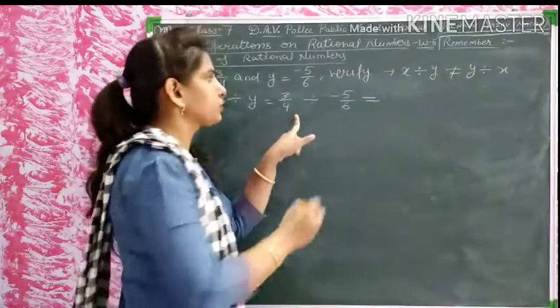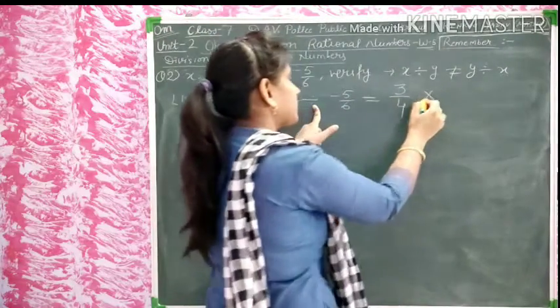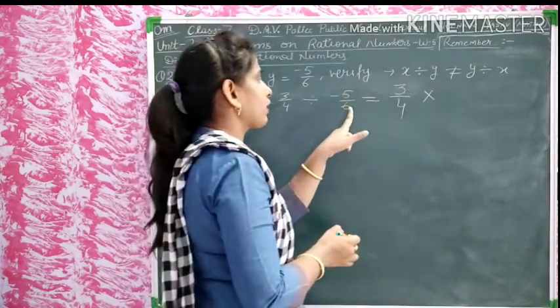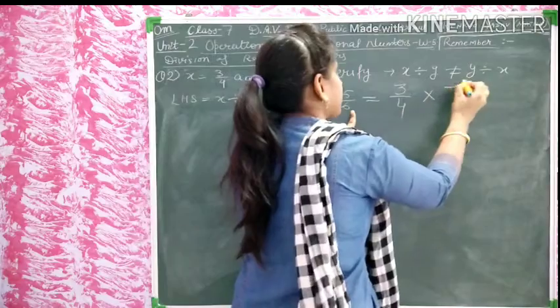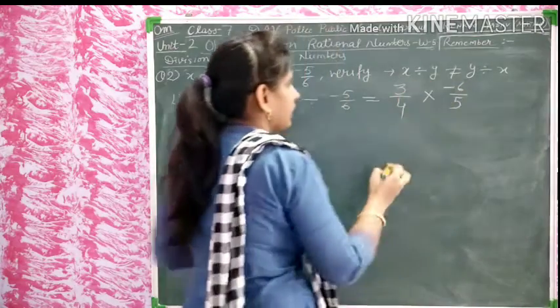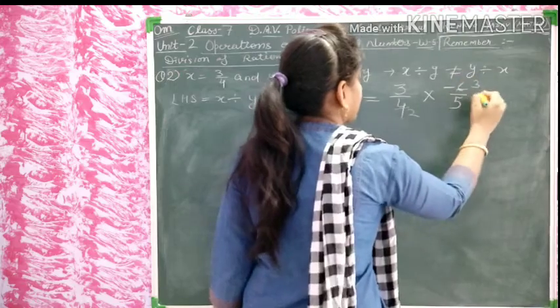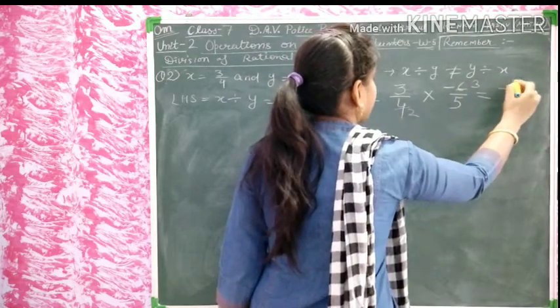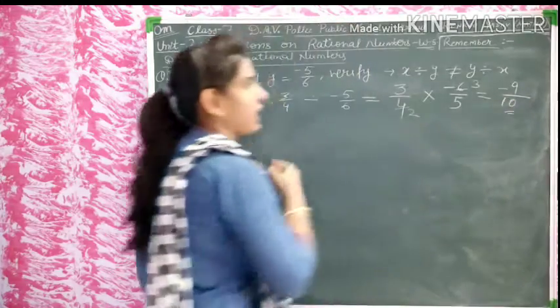Again the same process: division changes into multiply, and the reciprocal of minus 5 by 6 is minus 6 by 5. 2 into 4, 2 3s are 6, so no number is cut here. Minus 3 3s are 9, and 5 2s are 10. This becomes the LHS.